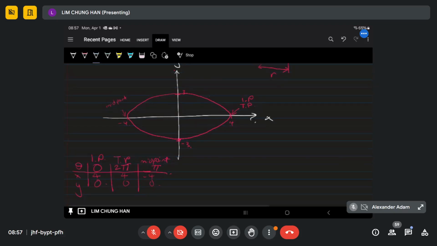Is it going counterclockwise, or is it going clockwise? We don't know. I cannot tell. There's not enough information to tell. So what that means is you need at least one more point. So let's try one more point.